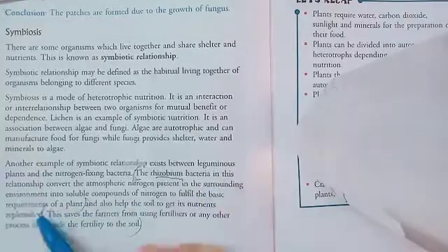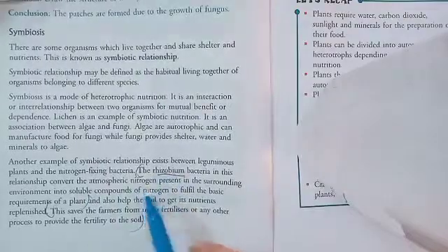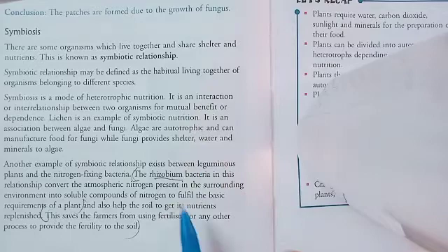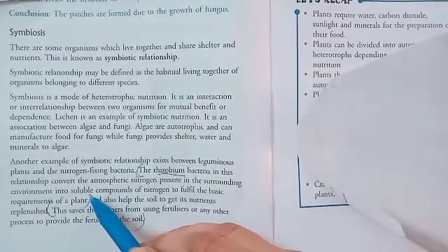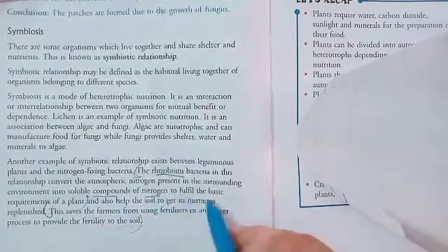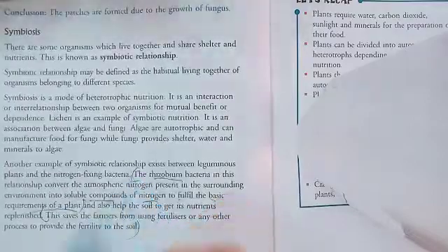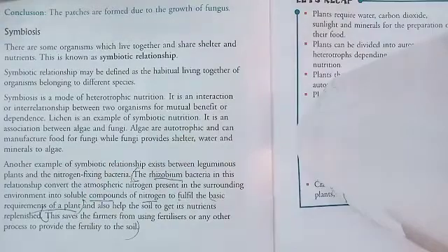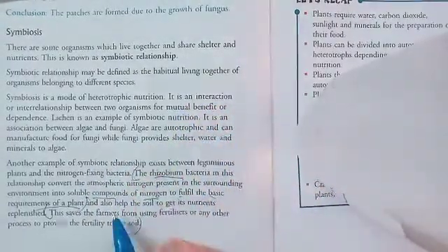In this relationship, rhizobium bacteria takes the nitrogen from the atmosphere, from the surroundings, and converts that nitrogen into soluble compounds of nitrogen to fulfill the basic requirements of the plants.